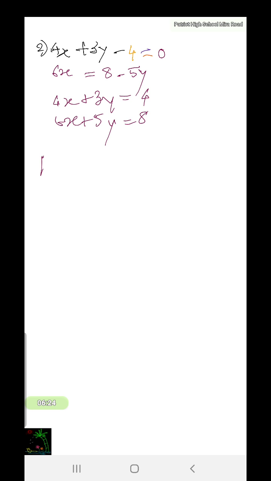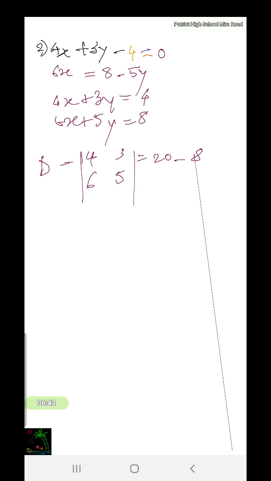Finding the value of determinant D, we have the first two columns 4, 6 and 3, 5. 4 5s are 20, minus 3 6s are 18. So it becomes 2.